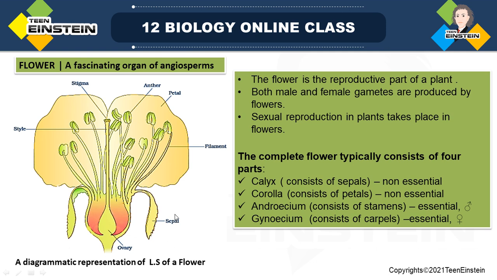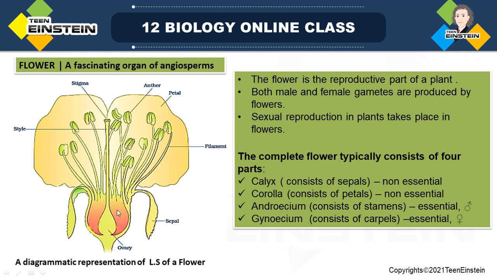Calyx consists of sepals. Next is corolla. Corolla means the colorful part, the petals. Then androecium. Androecium consists of stamen. Here you can see stamen. Androecium consists of stamen, that is the male part. Then gynoecium. Gynoecium consists of carpel. This structure is the carpel. A carpel has stigma, style and ovary.